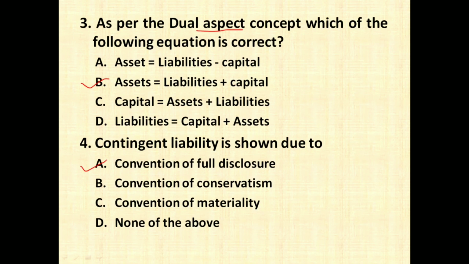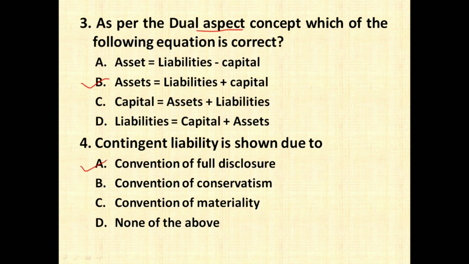Convention of conservatism says that all the anticipated losses should be taken into consideration, that is your provision for doubtful debts, your RDD, everything, all the anticipated losses are to be taken, but none of the anticipated income should be taken. So this concept or this particular thought is given by the convention of conservatism.